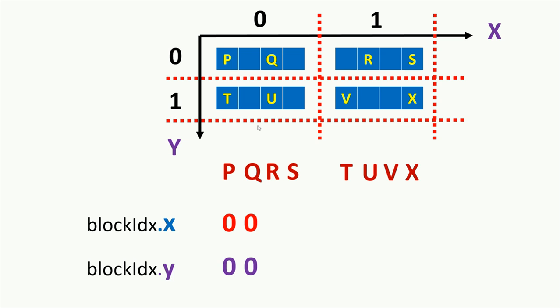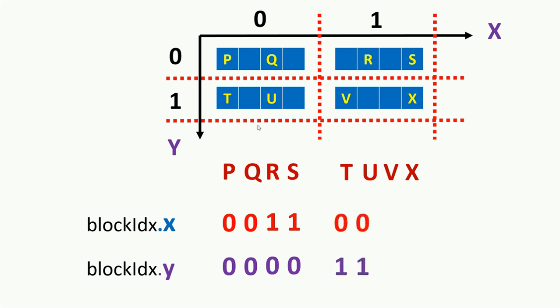R and S threads are located in the thread block with index 1 in the x dimension and index 0 in the y dimension. So blockIdx.x value is 1 and blockIdx.y value is 0 for both of these threads. T and U threads are in the thread block with index 0 in the x dimension and 1 in the y dimension.